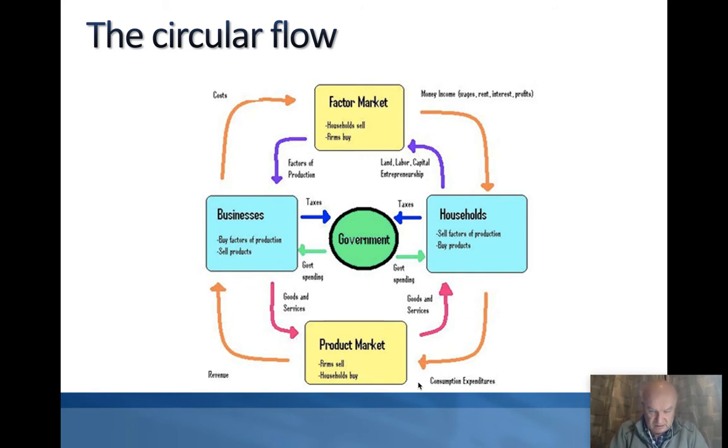Just as a bit of revision, businesses bring together factors of production, producing goods and services for households, and we're then exchanging money and resources for those goods and services. Although in this instance it's a little bit more complicated than that, that's the fundamental principle. So the circular flow of income is a really important concept for you to get your heads around.